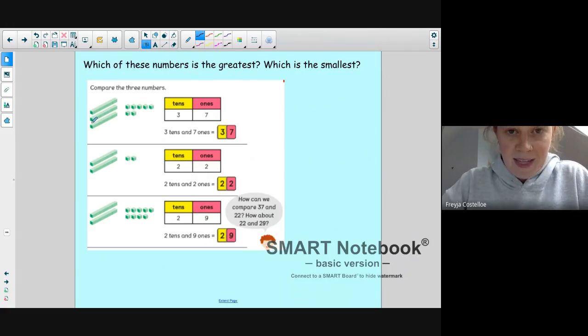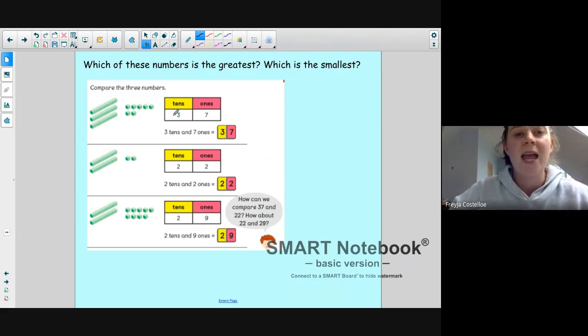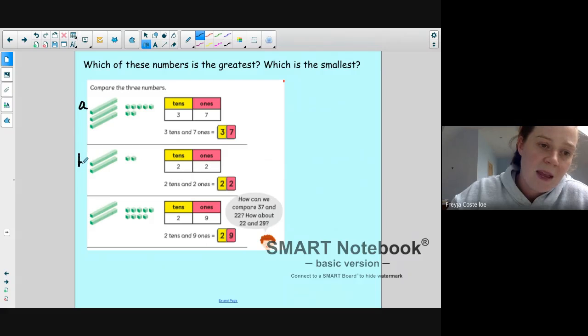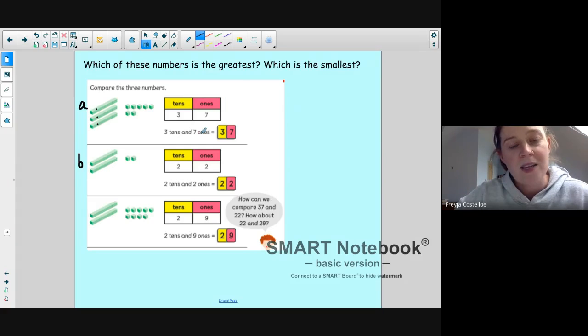So which of these numbers is the greatest and which is the smallest? Let's start off by comparing. I'm going to put A here and B here. So we are going to start off by comparing A and B. So A has got 1, 2, 3 tens. Lovely. 3 in here. And how many ones? 7 ones. 3 tens and 7 ones gives us altogether how much? 37.